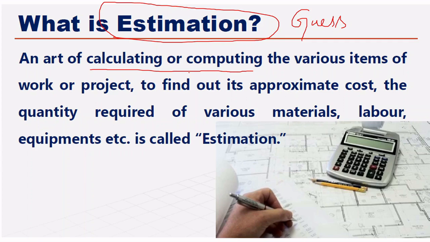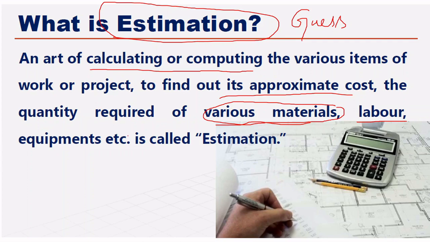So finding out its approximate cost. If you take a project, you should guess how much cost it will be for that particular work. You must find the approximate cost, the quantity required for various materials. If any number of items of work are there, then you require materials for that work, and to fix those materials you need labors.